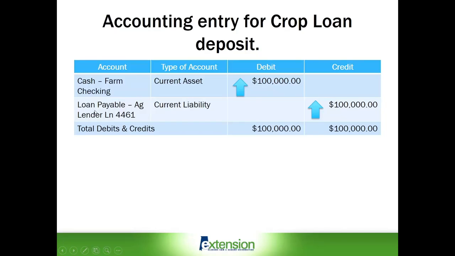In line 2, loan payable, ag lender number 4461, which in this example we are assuming is the last 4 digits of the loan number, which is a current liability because this loan is due back to the bank within 12 months, increases with a $100,000 credit. Cash comes in, loan liability also goes up. Thus, the debits and credits are in balance for $100,000.